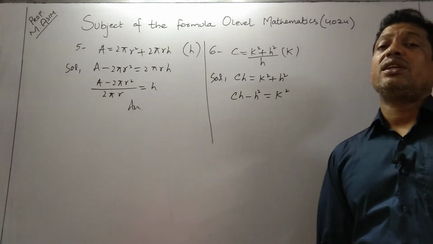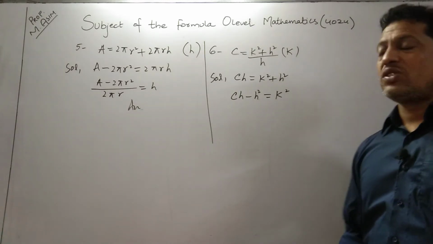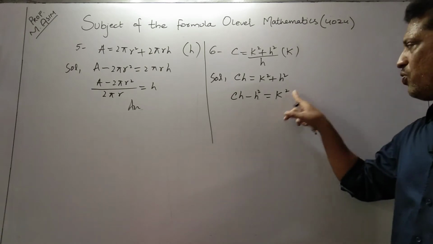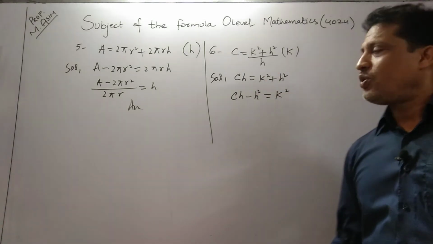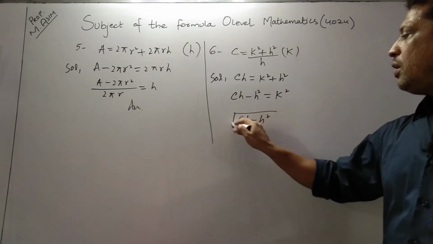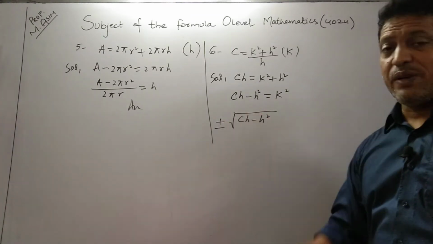So this is not the subject of the formula, because subject of the formula means there is no exponent, no coefficient, no denominator. So we move this square to the other side by taking the square root on both sides. You know, whenever we take the square root on both sides, we should place a plus minus sign.